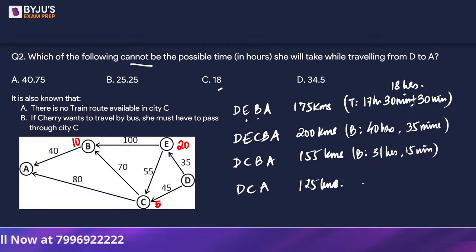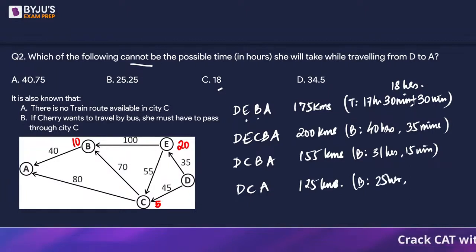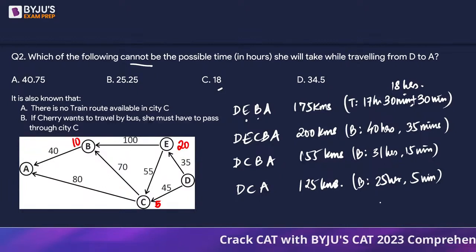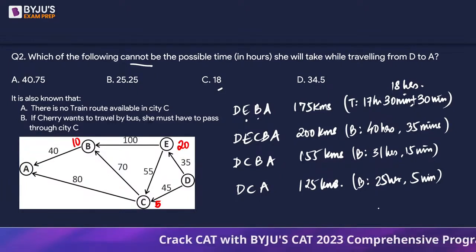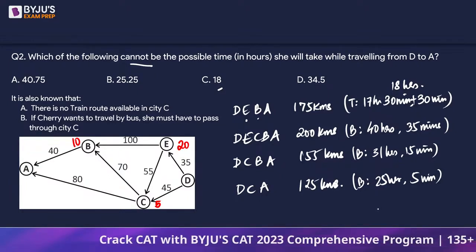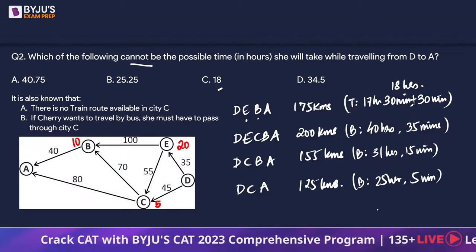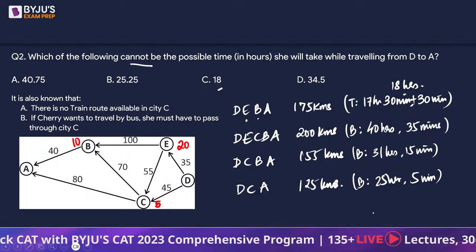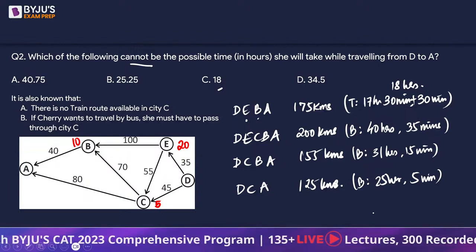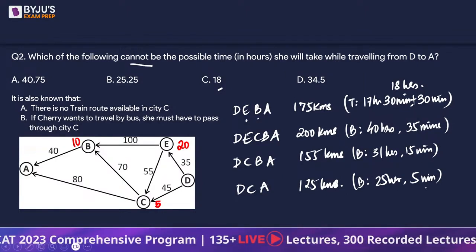DCA, if we follow it, it's going to be via, let's say, bus. 125 by 5 is 25 hours. And then because it's going to take DCA, that's going to be another 5 minutes. So it is going to be 25 hours, 5 minutes.